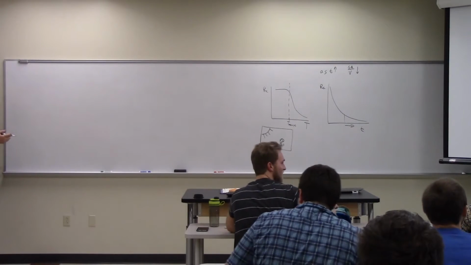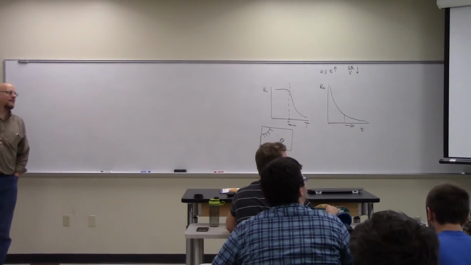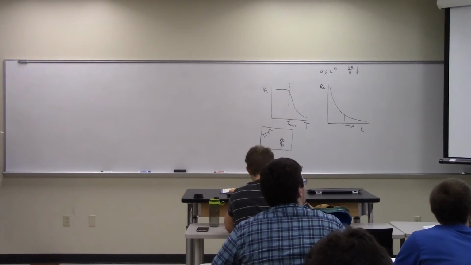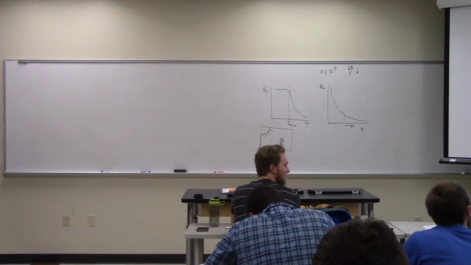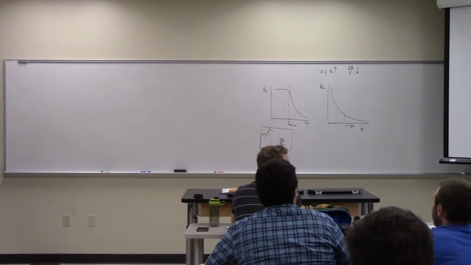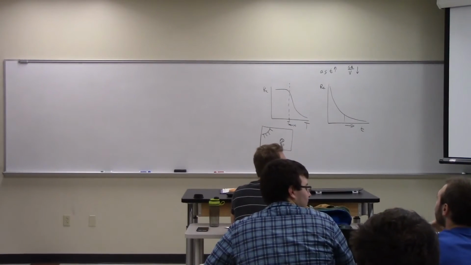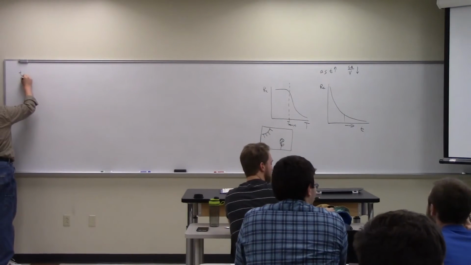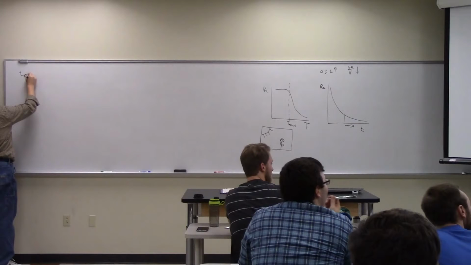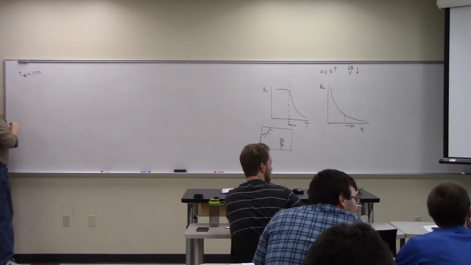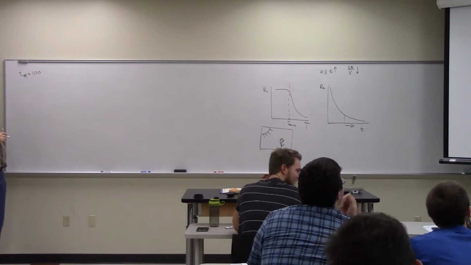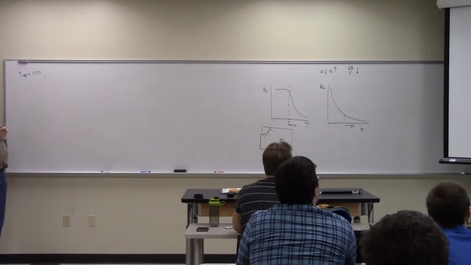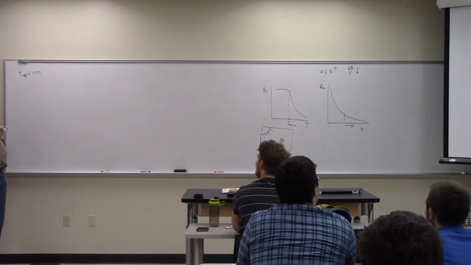Okay, so I want to solve for the activation energy, Q. How do I solve for Q? Plug in what we know. Well, we know TR, 100 hours. We know temperature is 250 degrees Celsius.